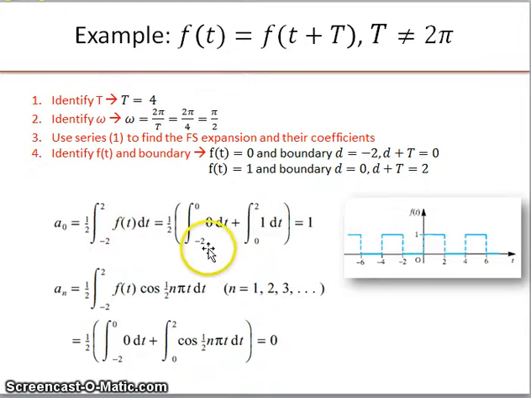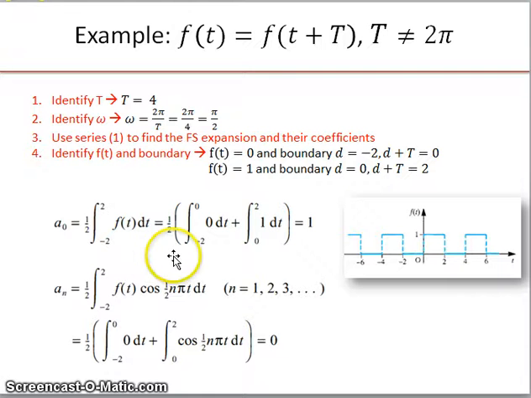Now we start from the boundary from -2 to 0 first. We cannot straight away start from -2 until 2. Why? Because throughout the t from -2 to 2, it does not share the same function. Remember, based on the question, we need to split it.